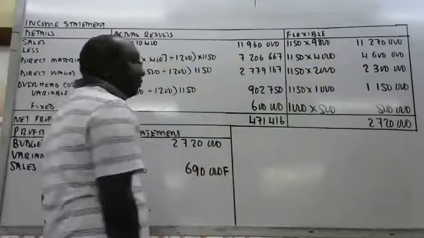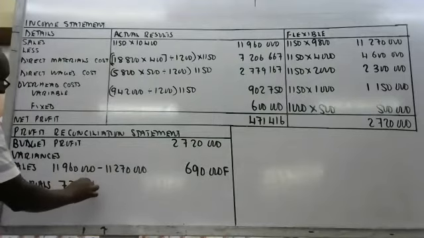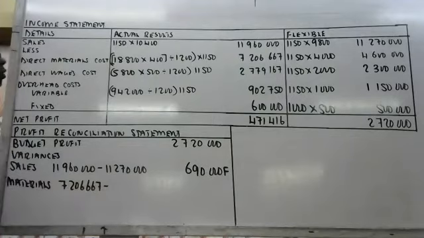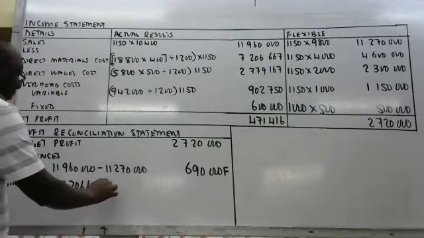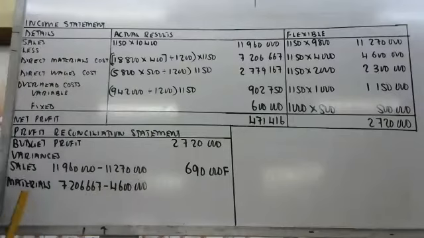Let's go to materials. Materials, the actual was 7,206,667, while the budget was 4,600,000.